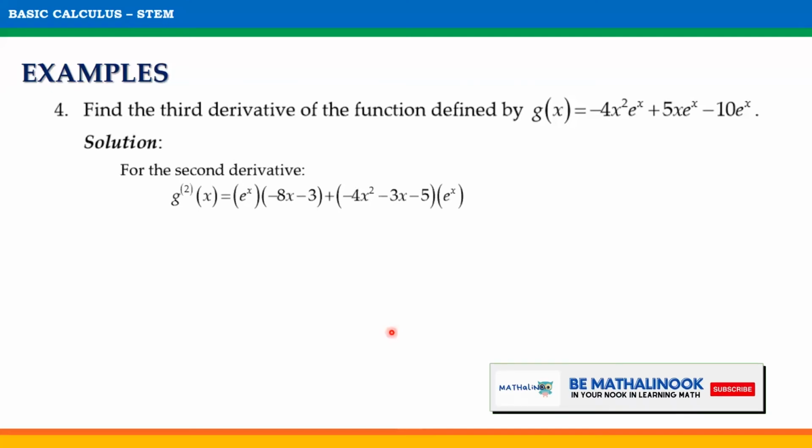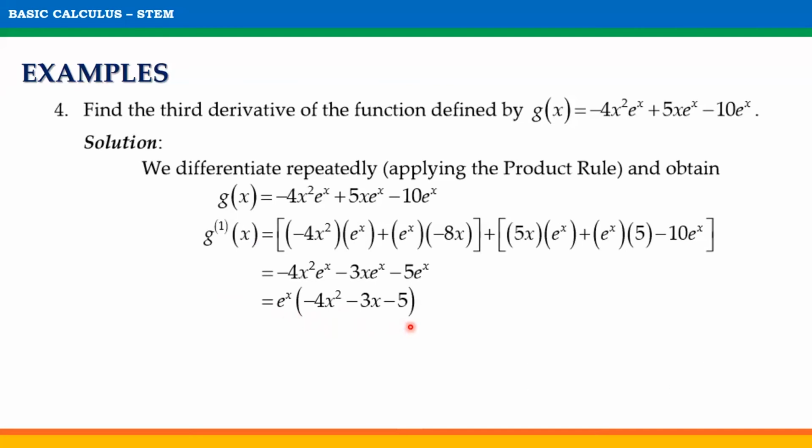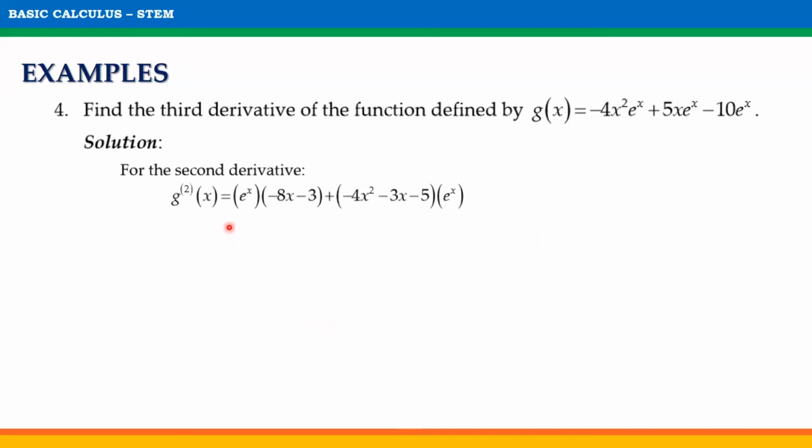For the second derivative, again, we can use the product rule wherein e raised to x and negative 4x squared minus 3x minus 5 are our factors. Thus, we will have e raised to x quantity negative 8x minus 3 plus negative 4x squared minus 3x minus 5 times e raised to x.